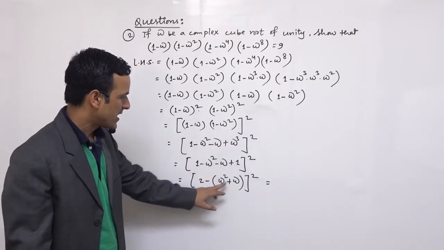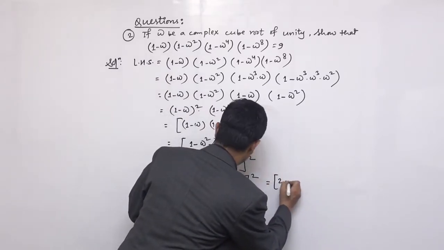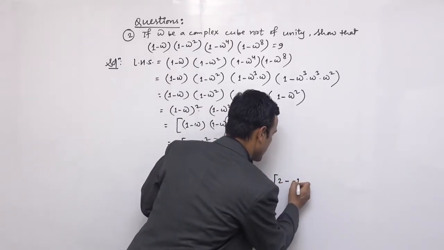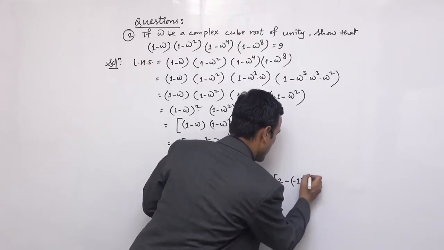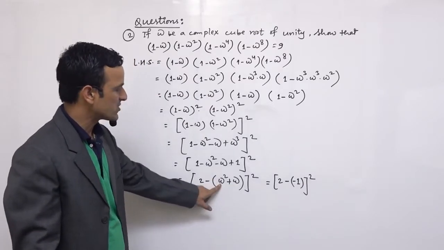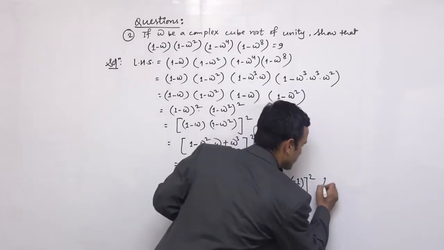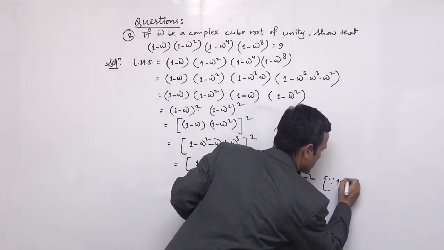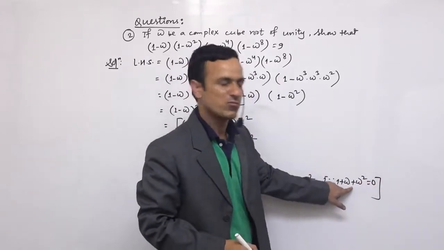Now, omega plus omega square means what? It is minus 1. So this is the formula: omega plus omega square is equal to minus 1. From this, 1 plus omega square is equal to 0. So this is the real formula.